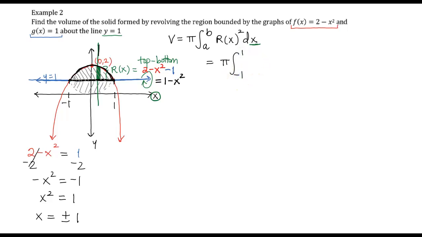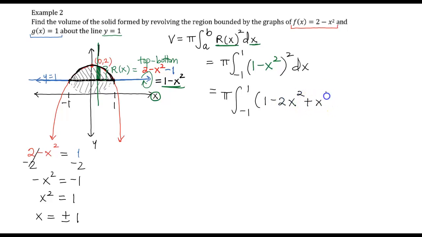We'll take our r of x, which is the height of that rectangle, 1 minus x squared, and we will square that. And we are integrating with respect to x. I'm first just going to FOIL out what we have on the inside of our integral. And now we will integrate each term individually and apply the fundamental theorem of calculus.